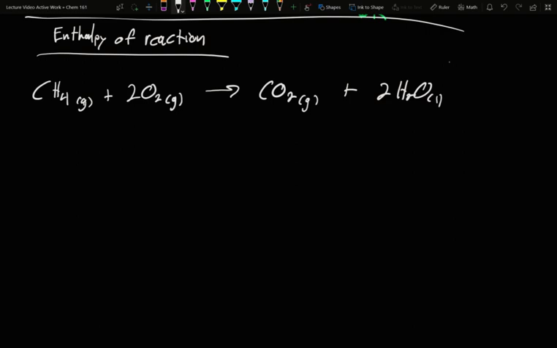The enthalpy, written as the delta H of reaction, is minus 890 kilojoules. What this tells us is that there's a heat change, an enthalpy change, for this reaction. There's some work done that we don't follow, but the thermal energy released is minus 890 kilojoules.